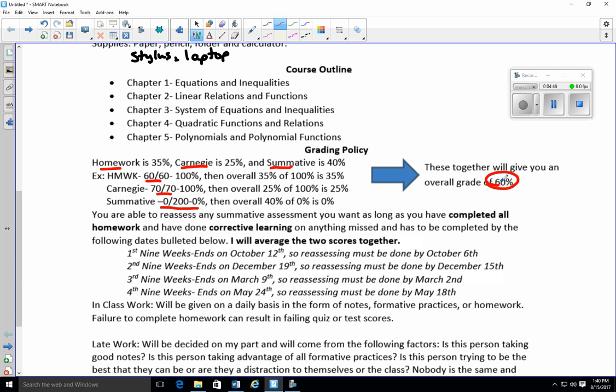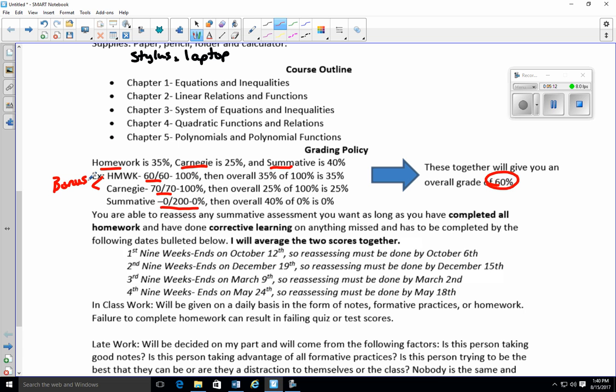Yes, summative is weighted the heaviest, but don't underestimate the power behind those other two categories of homework and Carnegie, and making sure that you're up to date on those, especially if I offer bonus, then those are even more important, which I do. So take advantage of those things.